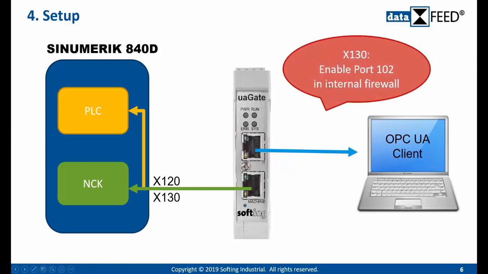But please keep in mind, if you are using the X130, you need to enable the port in the internal firewall, port number 102. So once again, X130, please enable the port. If you're using X120, just plug in the cable and that's it. And once again, we can access both areas. We can use the NCK area as well as the PLC area.